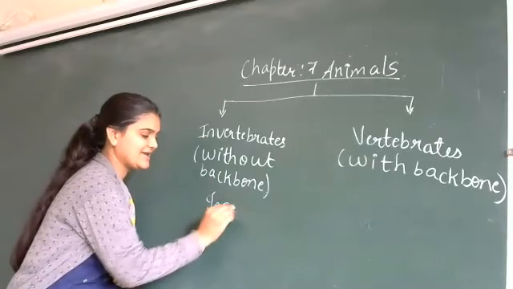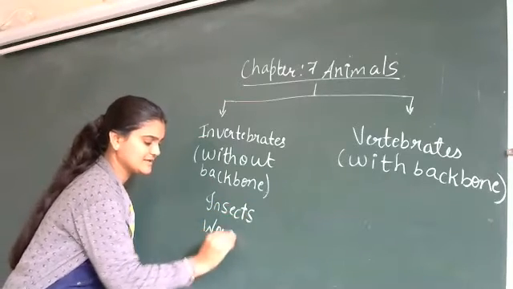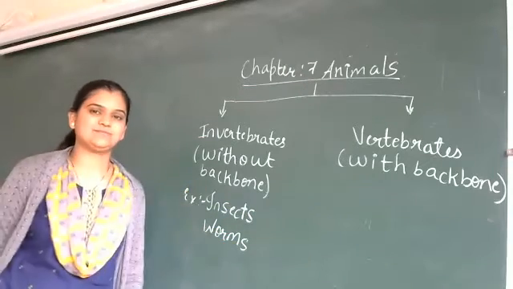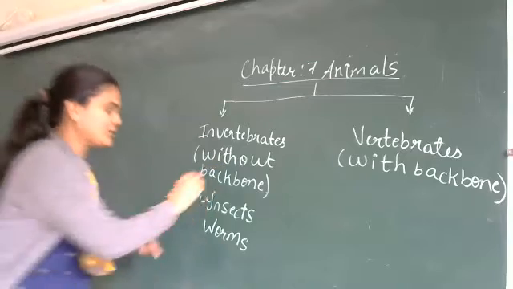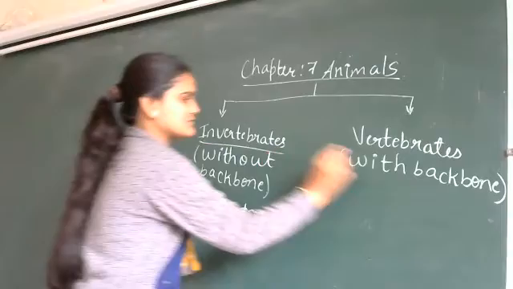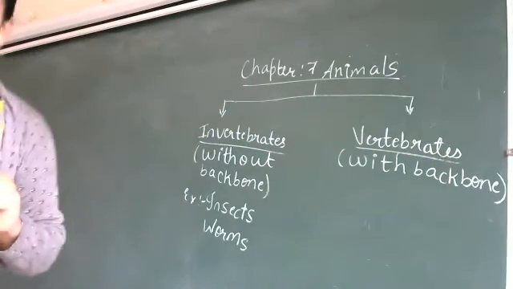So here we can see insects, worms. These are the examples. Without a backbone are known as invertebrates. With a backbone, the animals are known as vertebrates.